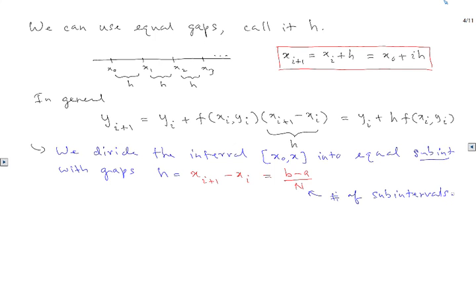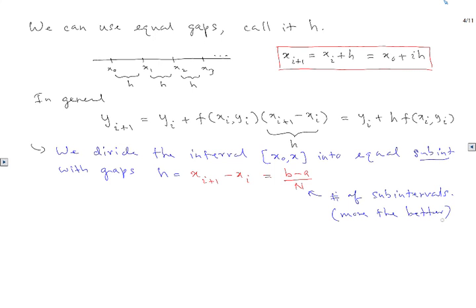You can decide how many subintervals you need, but the more the better. That's how you get the gap: b minus a over n, where b and a are the starting value and the ending value, and n is how many you need.